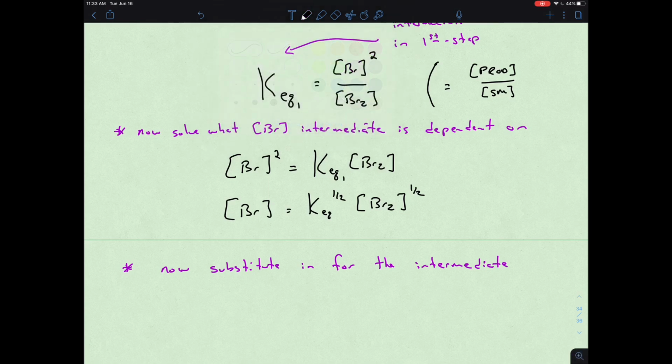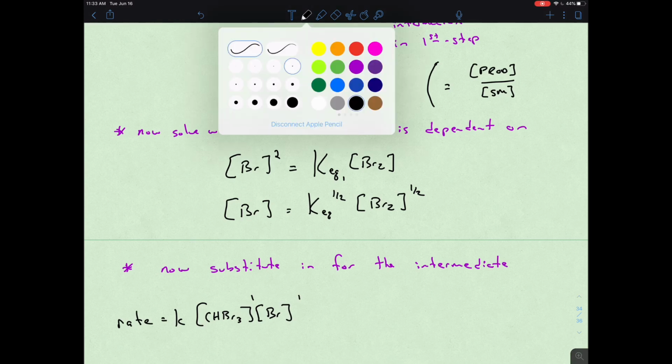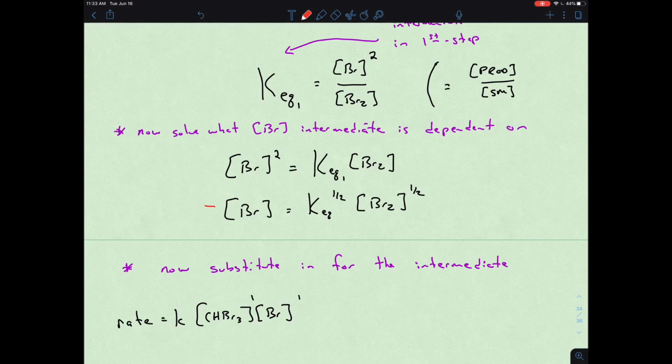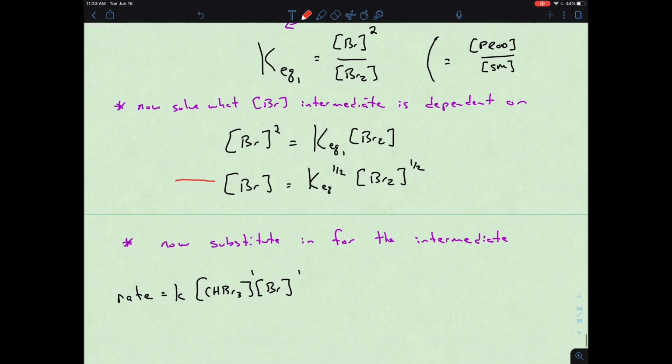So originally I had my rate equal to k times the CHBr3 times our bromine, the first power. Right, this is what I'm doing now, I'm taking that and substituting it in for that particular atom.